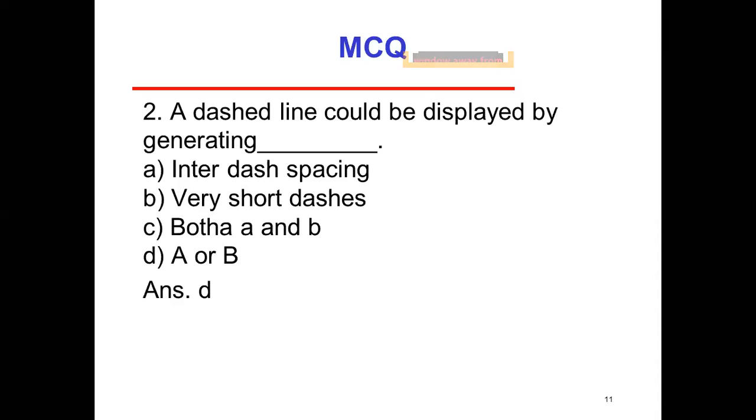Now another question: a dashed line could be displayed by generating inter-dash spacing, very short dashes, both A and B, or A or B. A dashed line could be displayed by generating inter-dash spacing, so we must be aware of the inter-dash spacing.